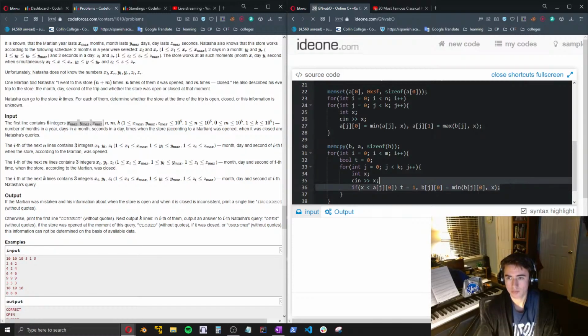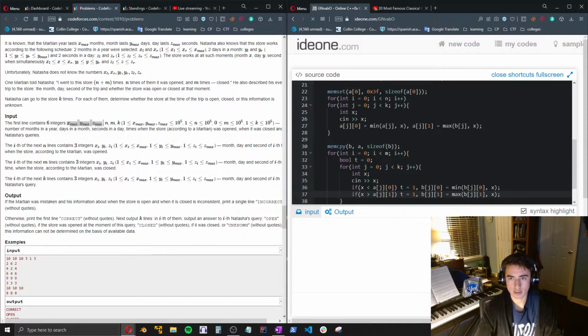And how do we do it? If x is greater than A of J 1 for x.